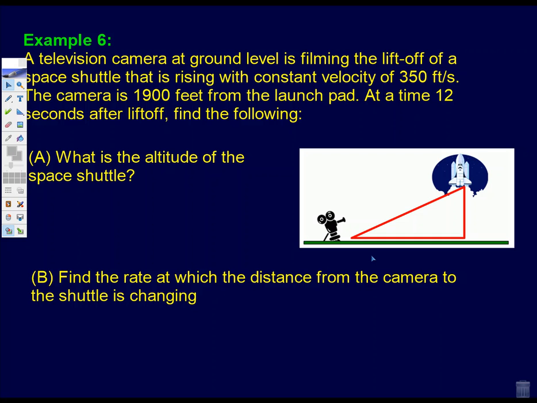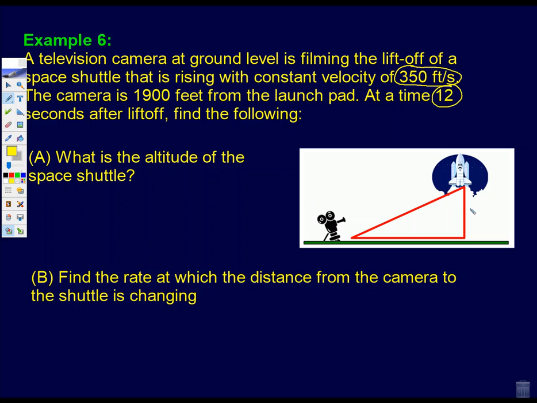A little warm-up exercise, which will actually help in a few minutes in the related rate problems, is just asking how high is the rocket 12 seconds after it launched. And that does not require calculus, since we know how fast the rocket is climbing, 350 feet per second. And we're studying this at the instant it's been in the air for 12 seconds.